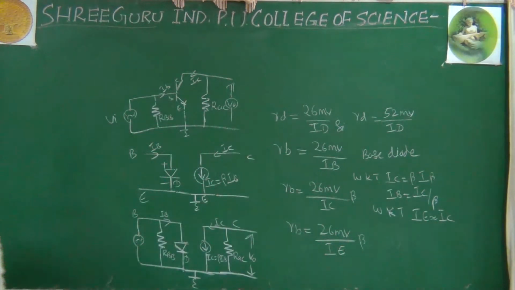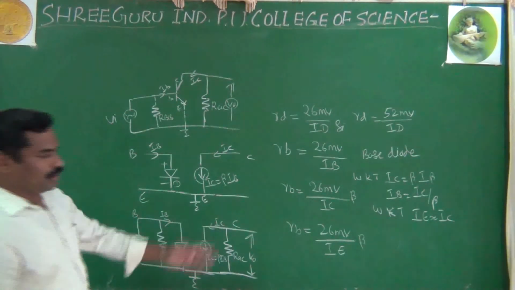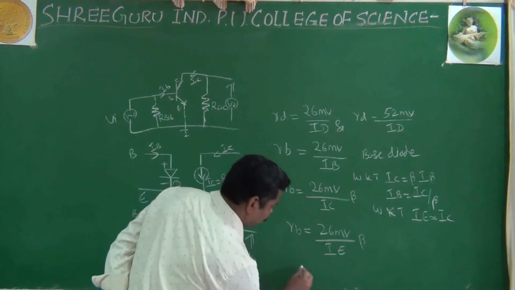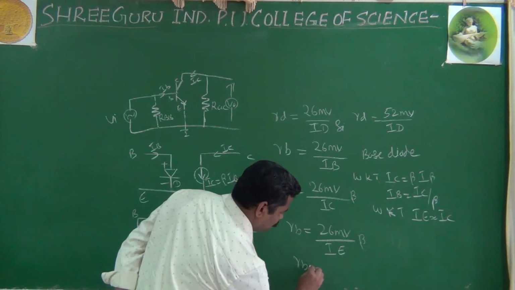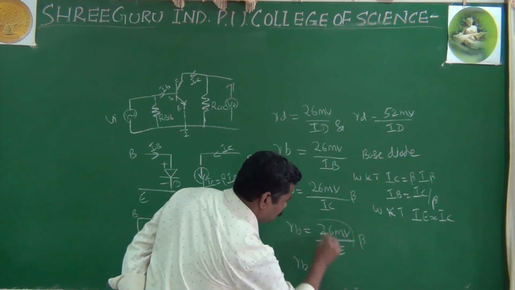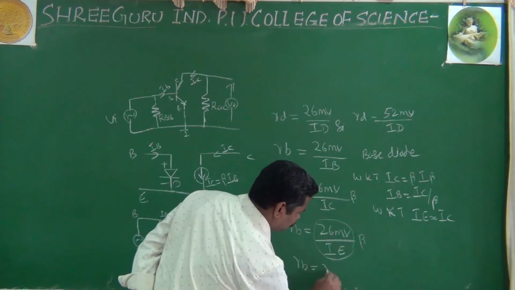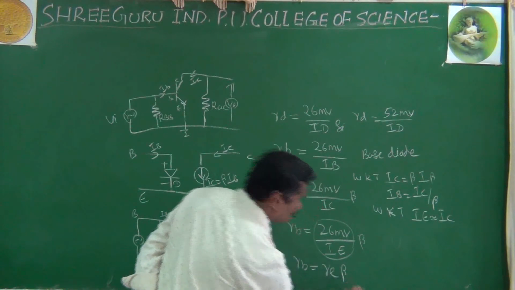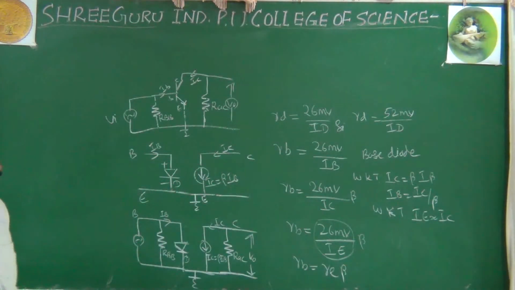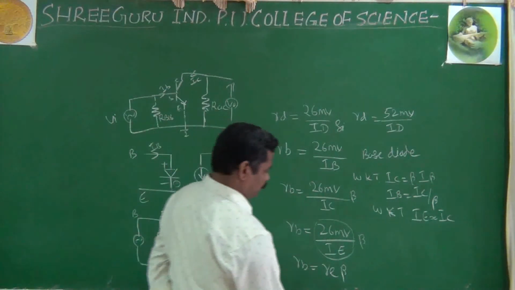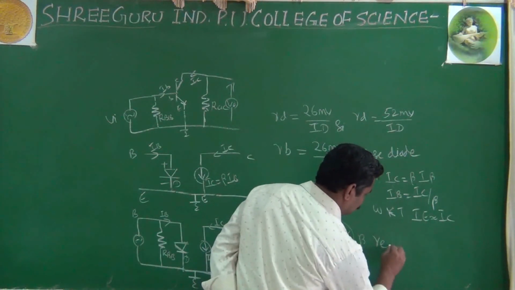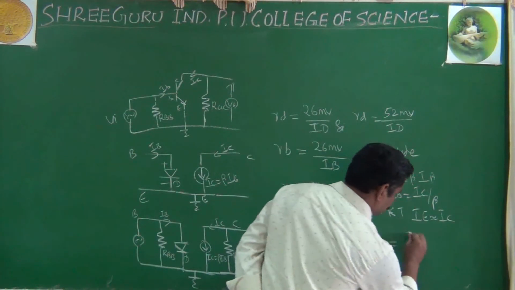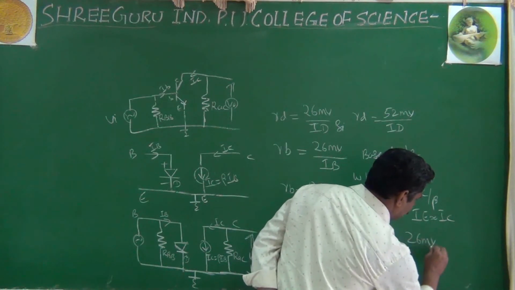Now you can further simplify this: RB equal to RE into beta, where RE is nothing but 26 millivolts by IE.